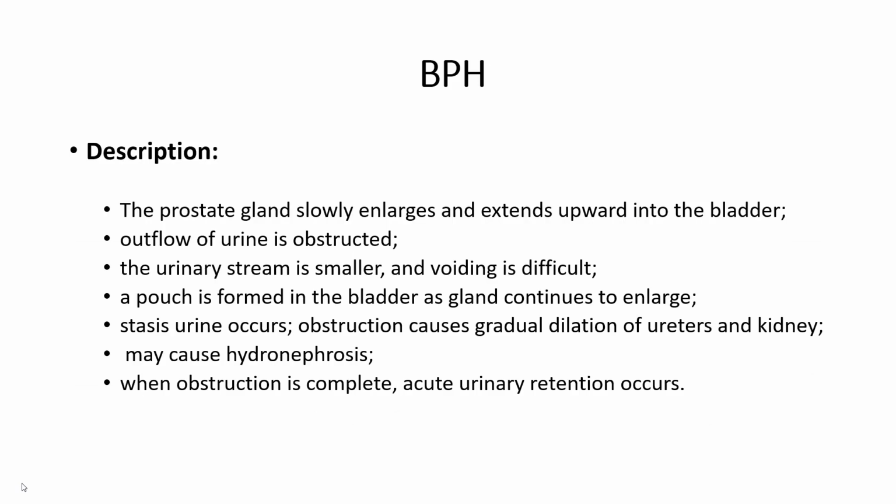A pouch is formed in the bladder. The urine stays stagnant. It can cause hydronephrosis. Now, hydronephrosis is the accumulation of urine in the renal pelvis. Because think about it, the gland has stopped the outflow of urine, so everything starts to back up.